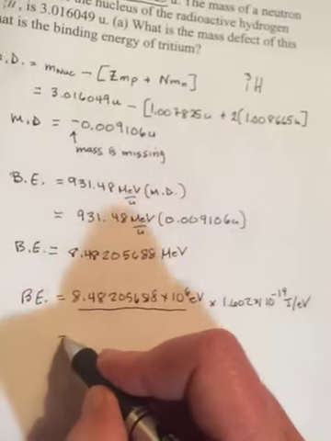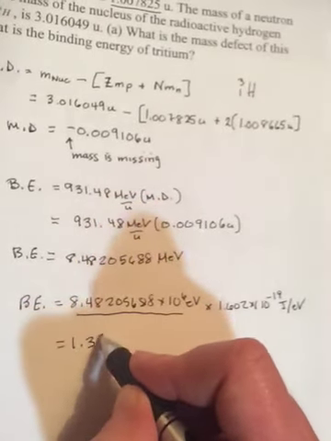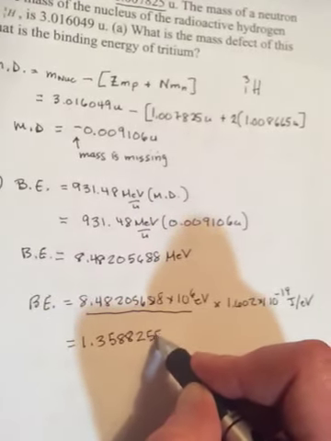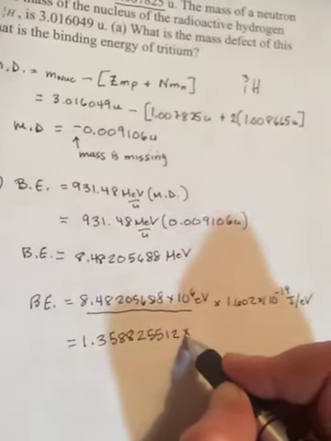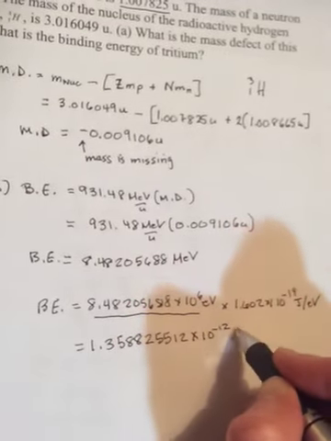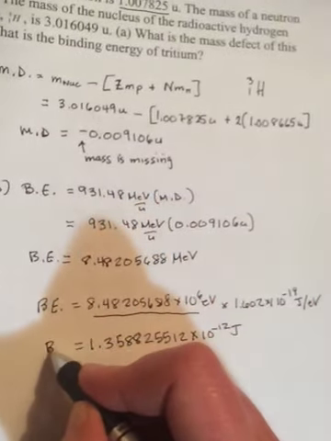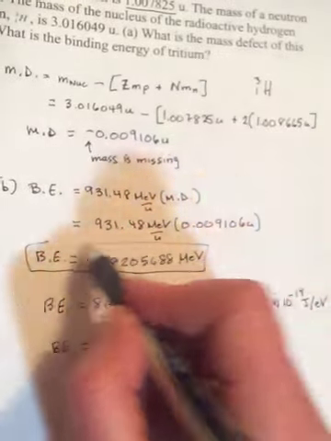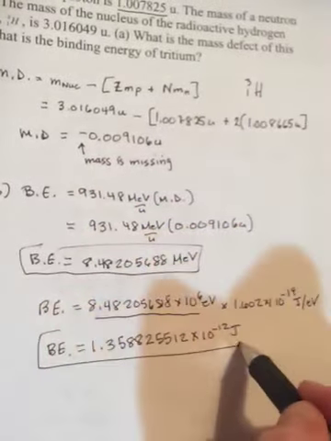And you get 1.358825512, to keep Gabriel happy, times 10 to the negative 12 joules. Okay, so now we have our binding energy both in electron volts and in joules.